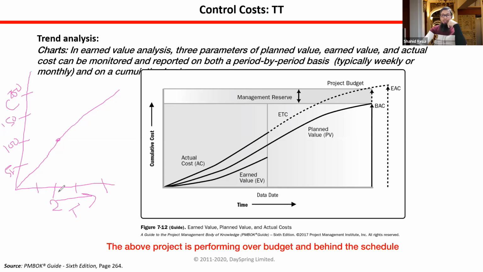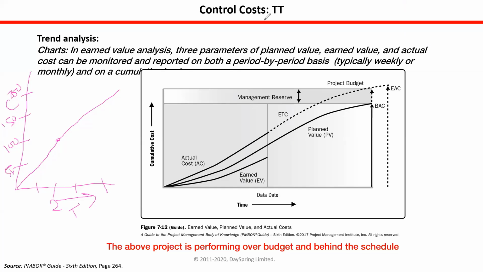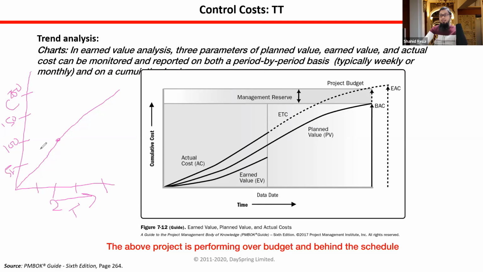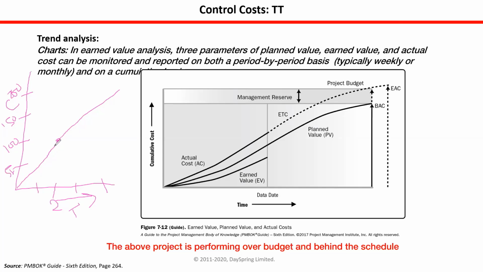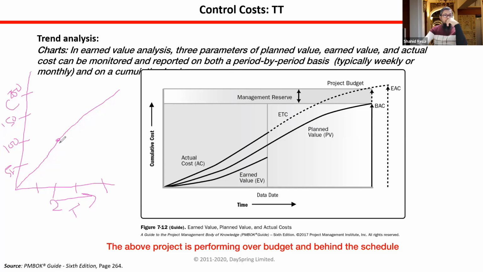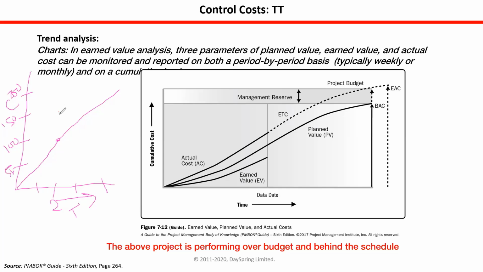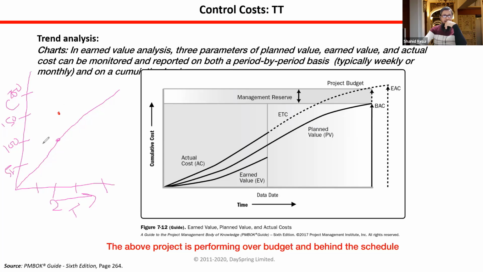On the second day, what was the earned value? In our case, 150. So the point will be here, and I am drawing a line. This is earned value.